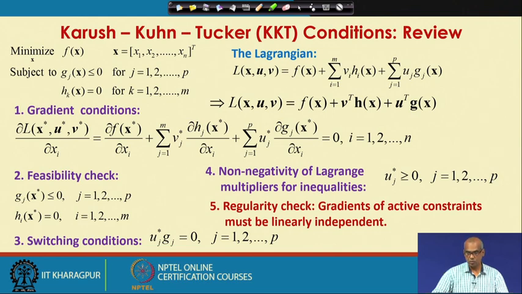The KKT conditions are satisfied by the KKT point, and the KKT points are likely candidates for optimum. To further check if the KKT point is a true optimal or not, we must make use of second order conditions, and you have seen those things in our previous lectures.